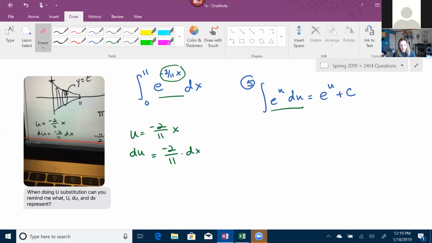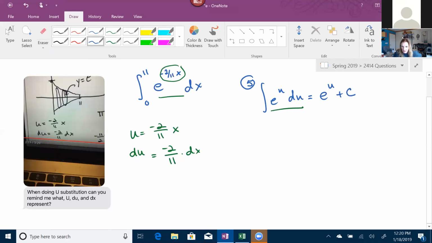Okay, so now we say to ourselves, wait a minute. I still have this dx here, and I ended up with -2/11 dx. I really just want dx. So in this equation that I found, du equals -2/11 dx, I'm going to go ahead and solve, just regular algebra, for dx. So dx is being multiplied by -2/11.